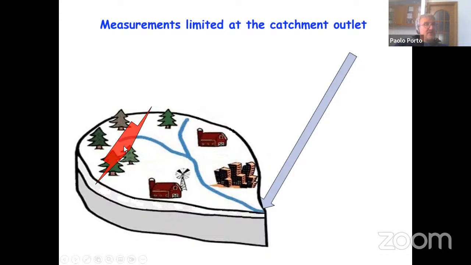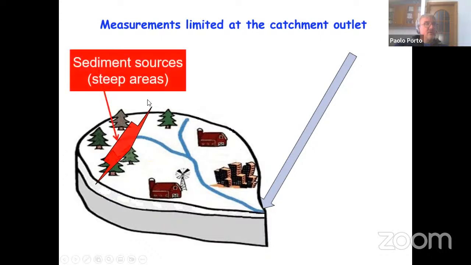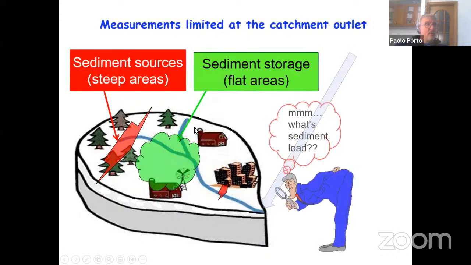It happens that the soil that is removed from the upper part of the catchment, which is in general the steeper part, depending on the catchment slope, most of this sediment is stored along the hydraulic path before arriving at the catchment outlet.